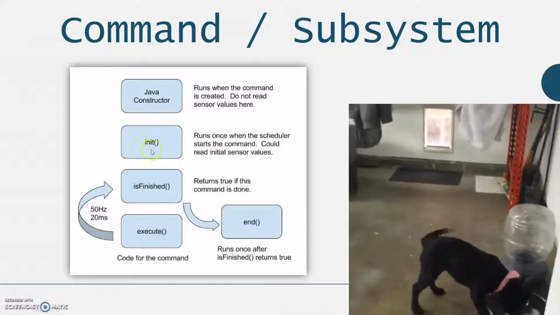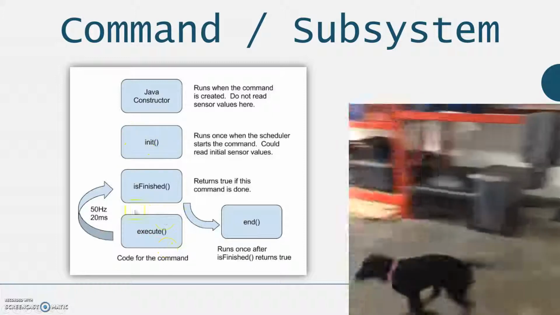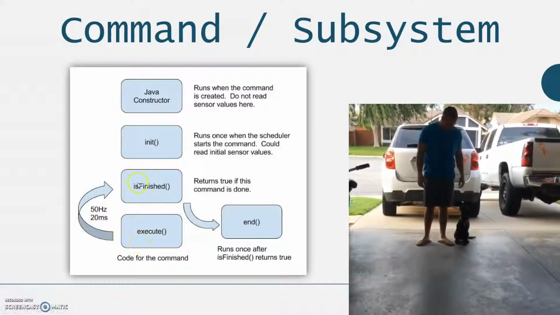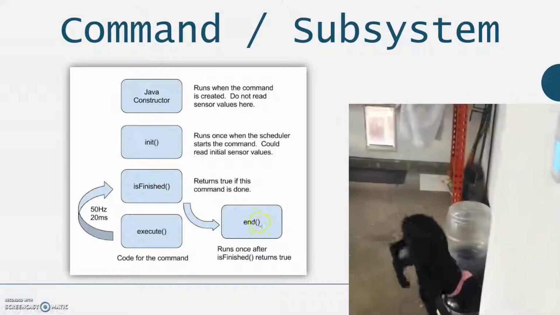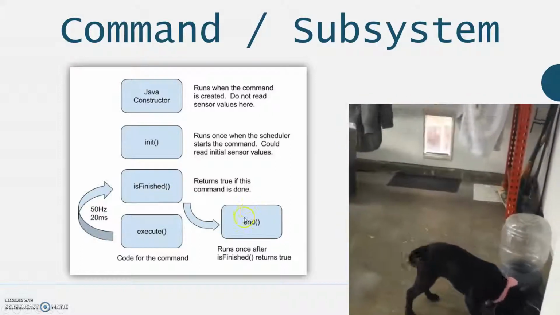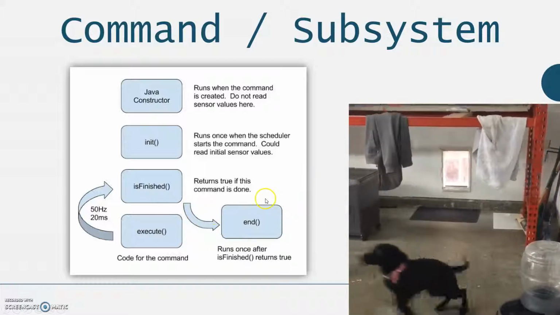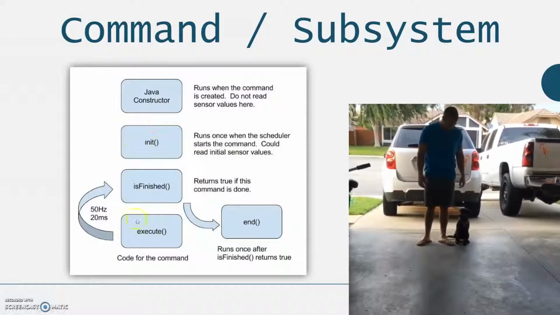Each time you press that button, init is run. And then it will keep on running the execute and constantly check, am I done, am I done, am I done? As soon as is finished returns true, then the end is triggered and whatever shutdown operations you have are run. And once the end happens, then it'll go back to the default command. So that's the basic idea of a command.